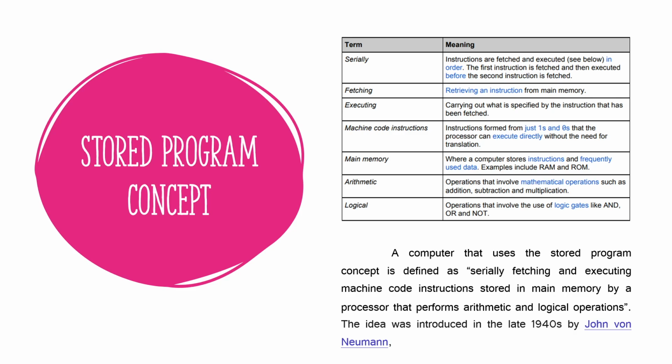We also have the arithmetic term, which refers to mathematical operations such as addition, subtraction, and multiplication, and logical operations which focus on logic gates such as AND, OR, and NOT.